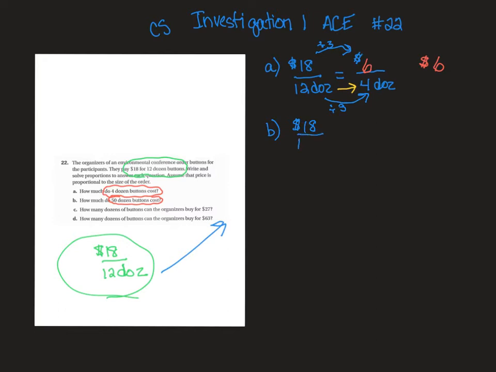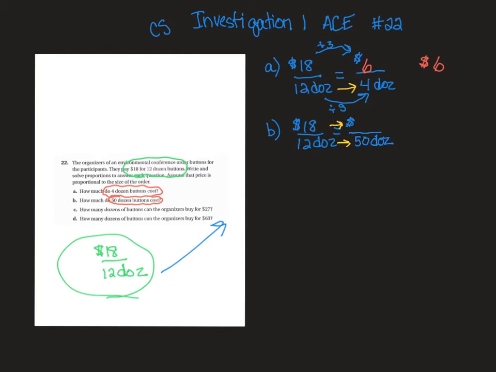I know that 12 dozen are $18. Okay, and it's dozen, so I'm putting the dozen down here, 50 dozen. Okay, again, look, I'm lining up the labels. And so on the top, I know I'm going to have money.